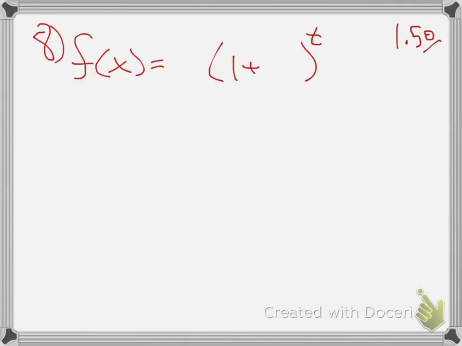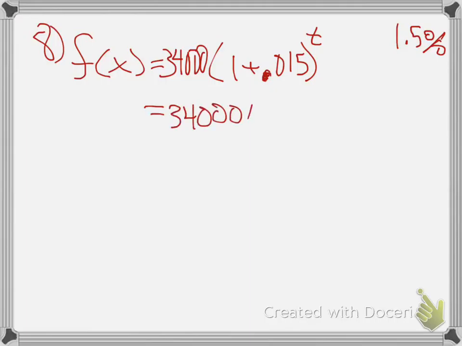So that would be 0.015, and then she's getting a starting salary of $34,000. I will squeeze that in there. There we go. Per year. Okay, so this is $34,000 times 1.015 raised to the t power. That is your general formula. Type that in.